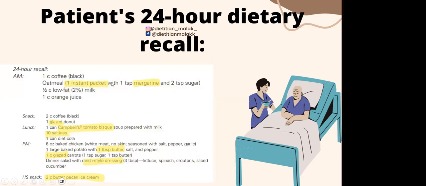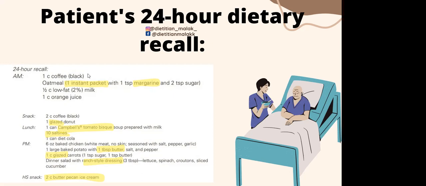So here, in the morning, they had a cup of coffee and oats, and I have highlighted the things that are wrong with the diet. You might be asking, why are oats considered a red flag in this 24-hour dietary recall?